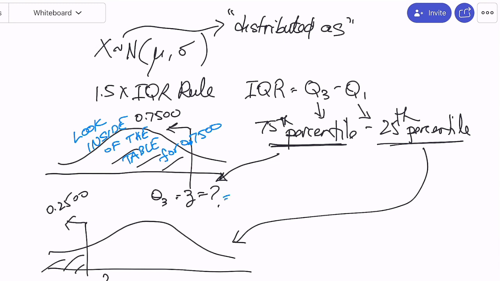And when you do that, you find it's between two values, and so this one is 0.675. And then because of symmetry, or you can look this up, you will find on the left side, it's going to be negative 0.675.